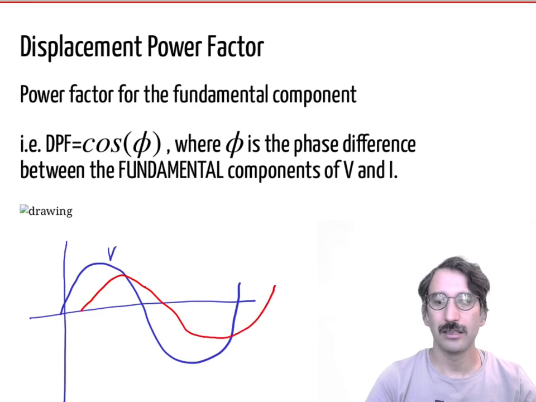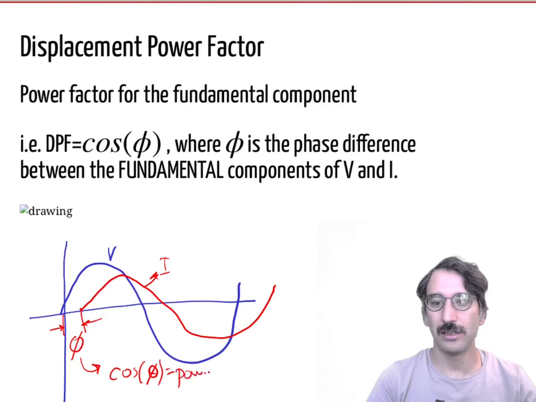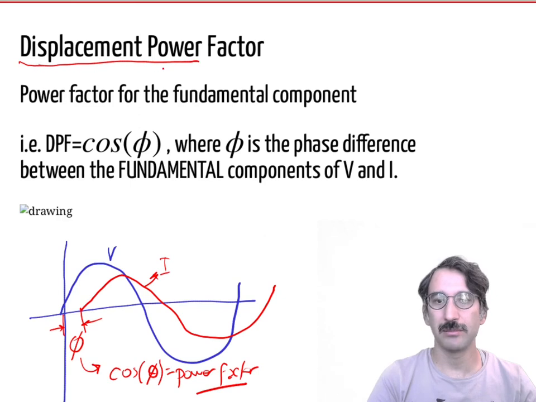The difference between these two is the phase difference, and cos phi of that gives you the power factor. This is what we call in this course the displacement power factor. It is due to the phase difference between the fundamental components of these two signals.